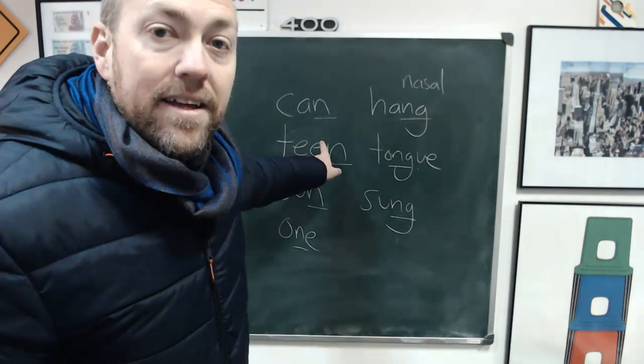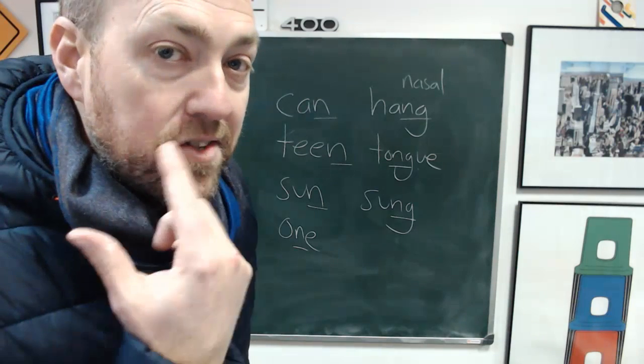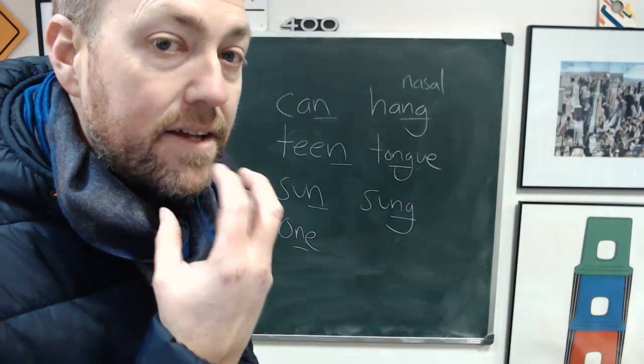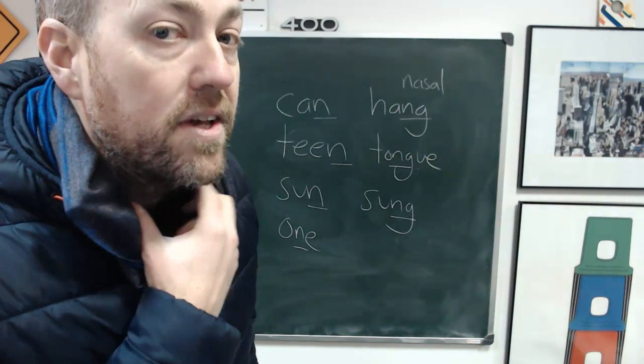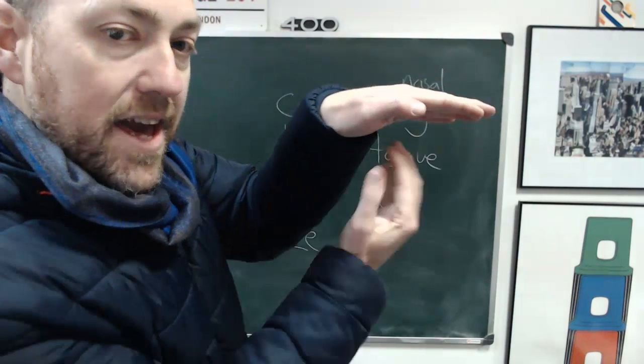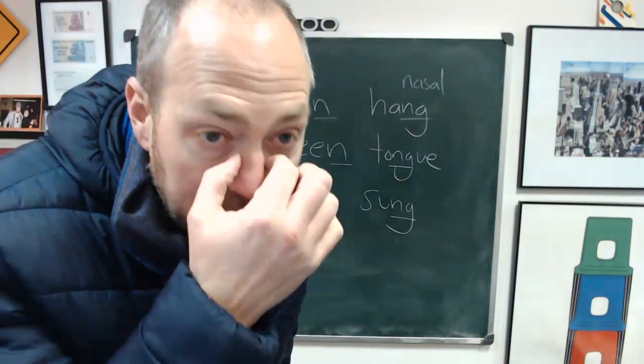So here, can, I have some sound in my mouth, can. Activating the voice. But here, my tongue blocks the air, and so the sound comes out of my nose.